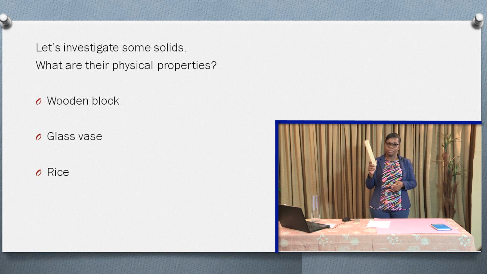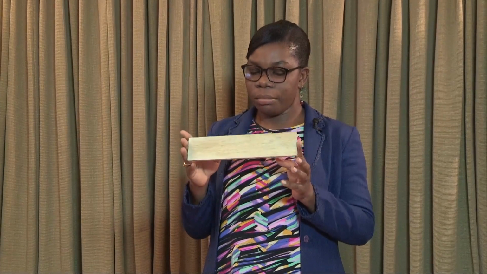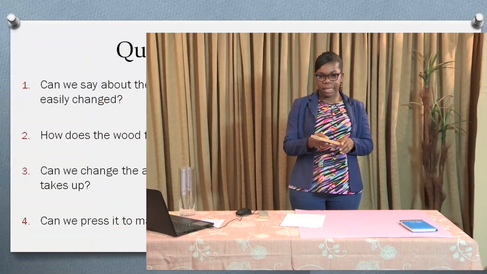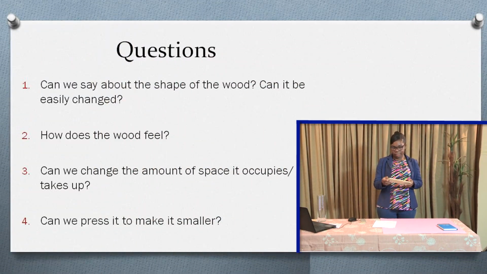First of all, this wood is brown. It has a surface. It has edges, vertices.